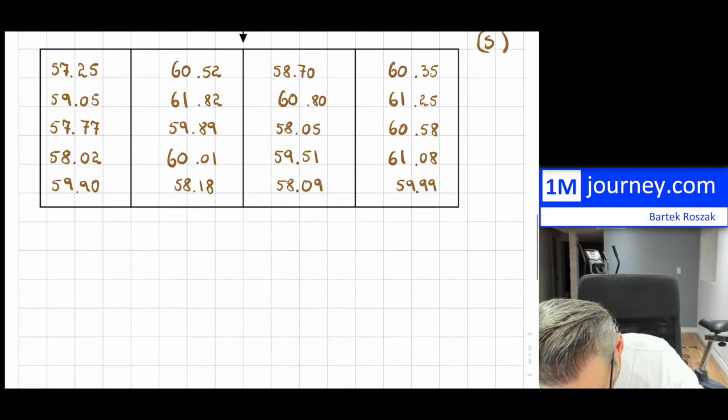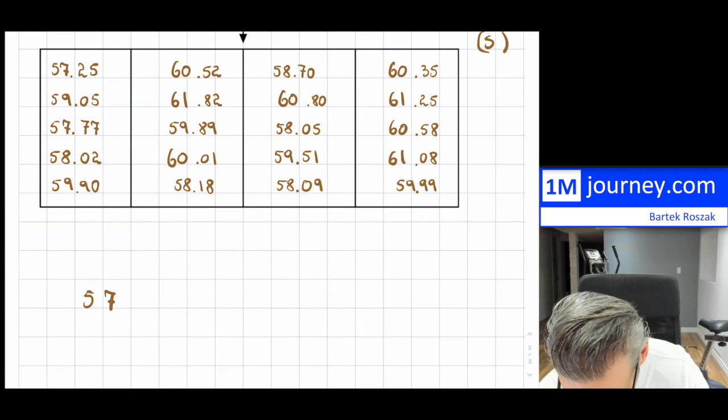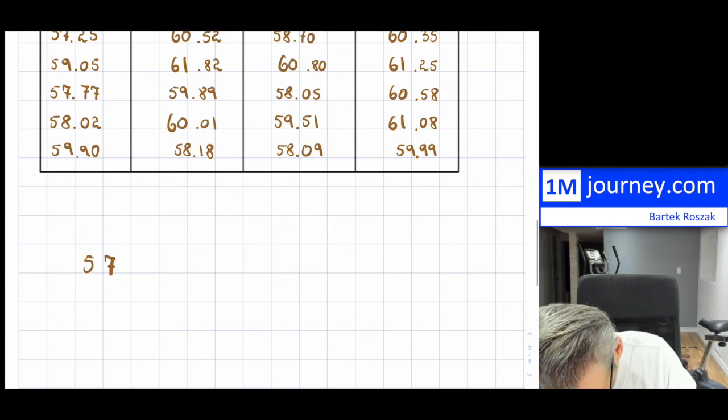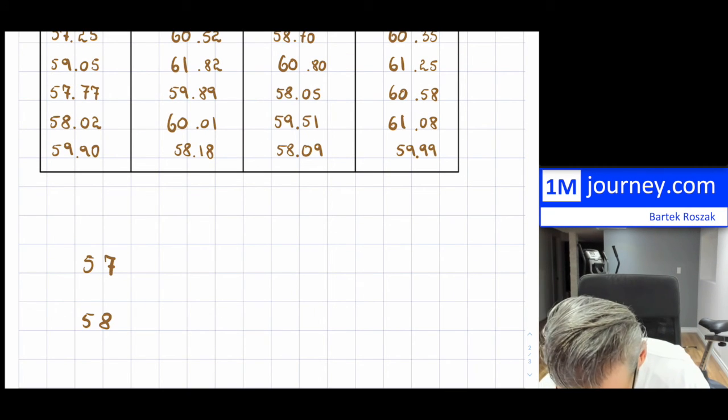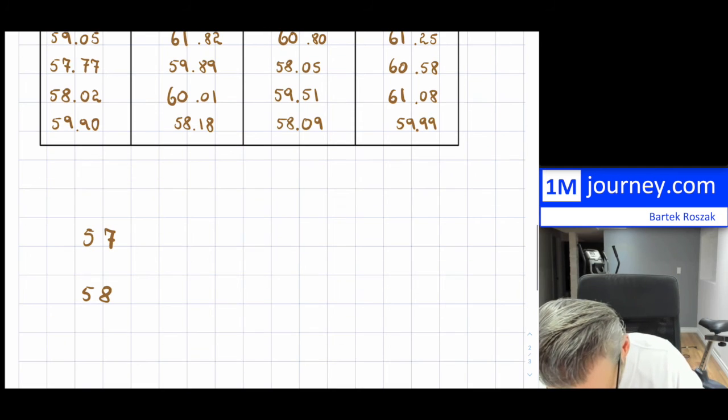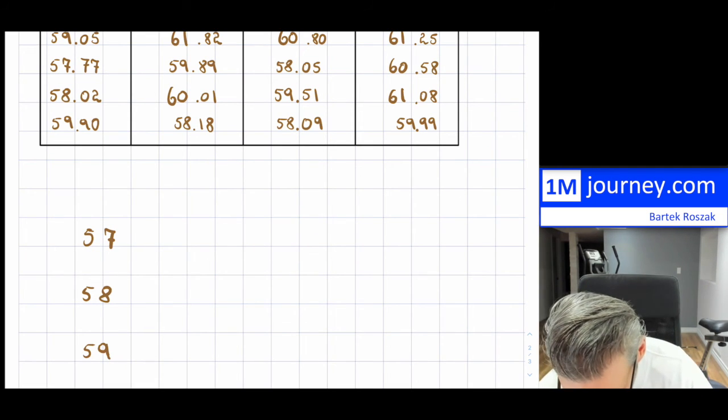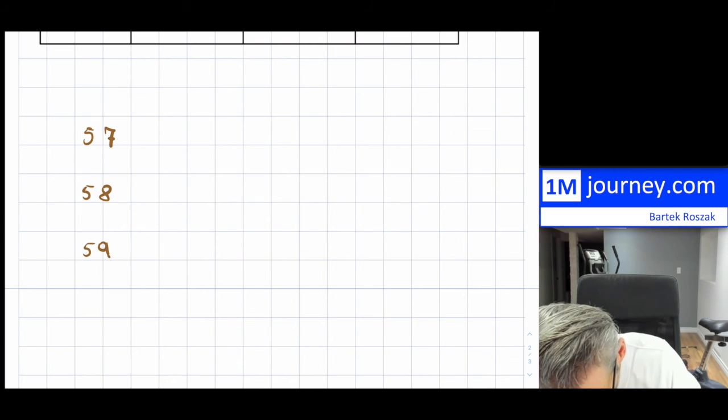Okay, so I'm going to create my stems here. I'm going to have 57, which is one of my stems, then 58, so it's going to start going up, and then 59, we can put that as a stem. Then it's going to be 60. Let me maybe group it together.